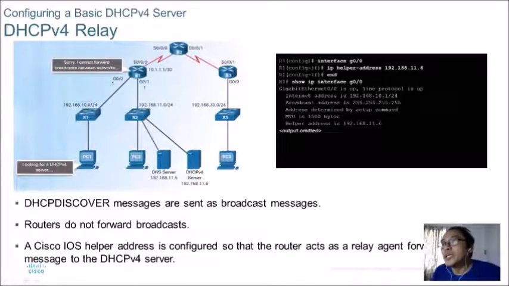Or if you want this PC would like to ask an IP address from the DHCP where these are not the DHCP, this is the only DHCP that you have, therefore use an IP helper address in order for you to point it to that particular server. So that way, the server would like to give out IP addresses to this segment here.